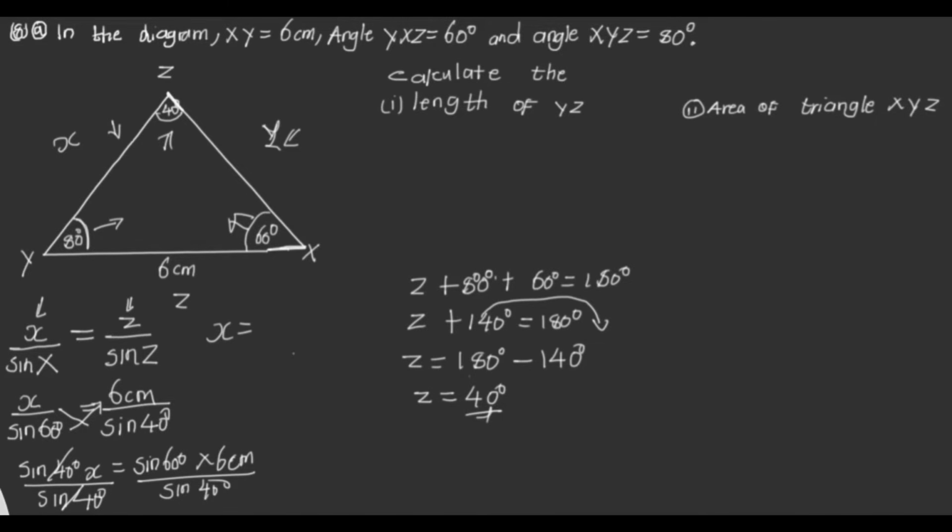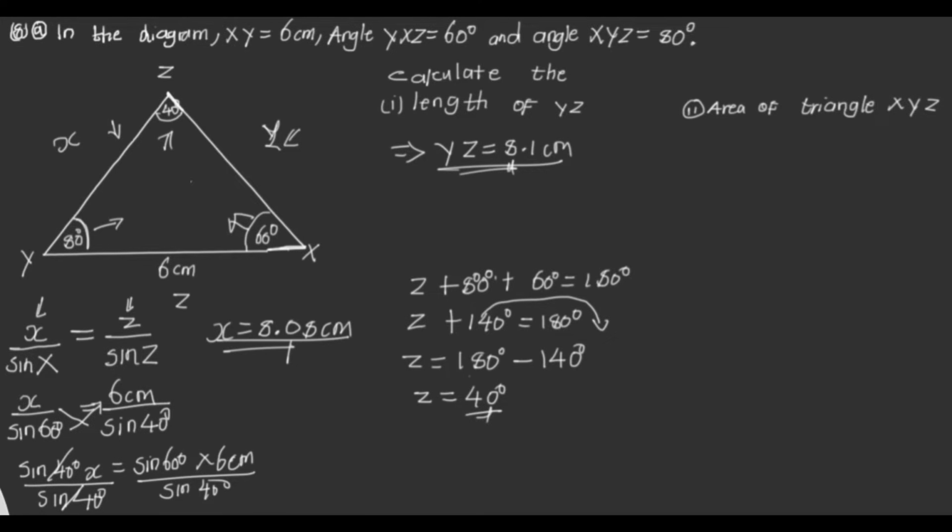So our distance is 8.08 centimeters. Therefore we can say YZ is equal to 8.08, which we can round off to one decimal place, 8.1 centimeters.